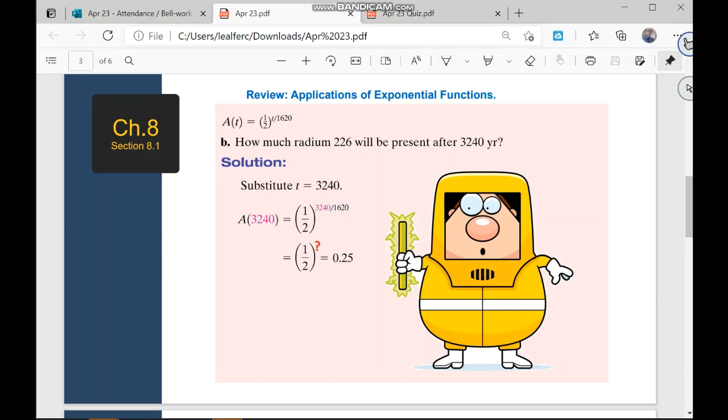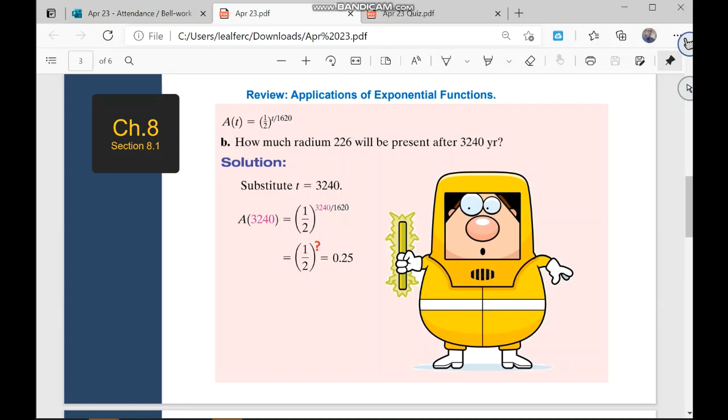Yesterday we worked on some radioactive stuff. Remember? Because we have so many applications of exponential functions, and one of the applications is about radioactive material. We can calculate how much radioactive material is left after a period of time.